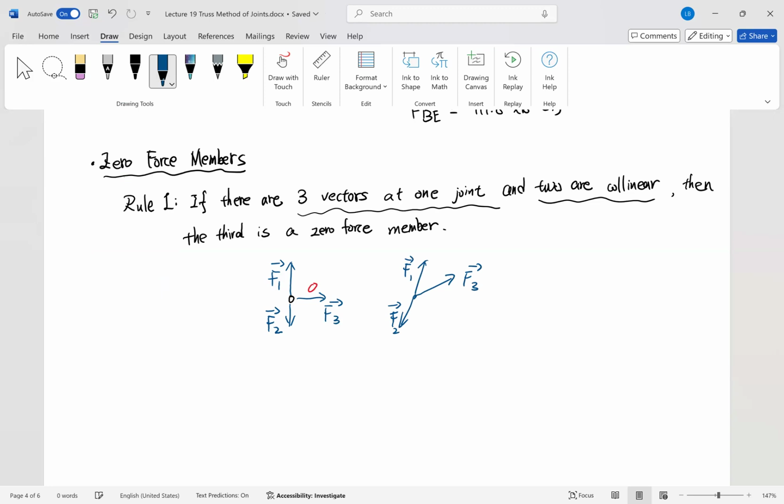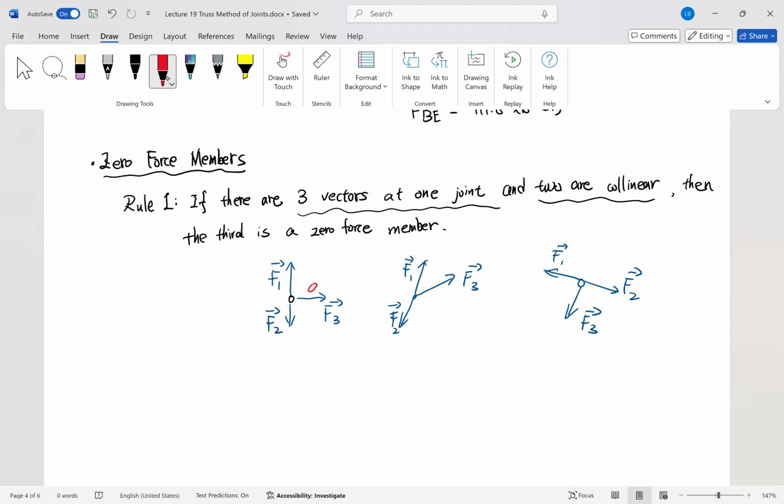Or we have F1, F2, and F3. Based on the rule, you may pause the video and try to think about which of the members are zero force members here.